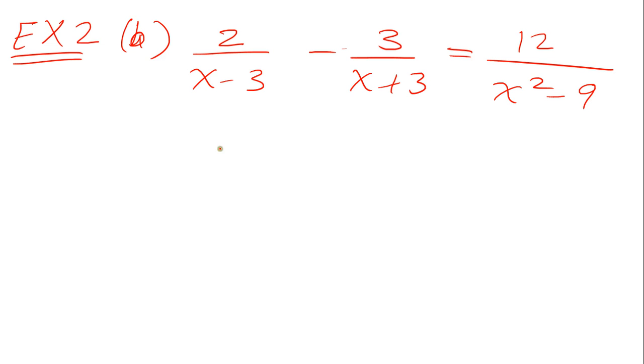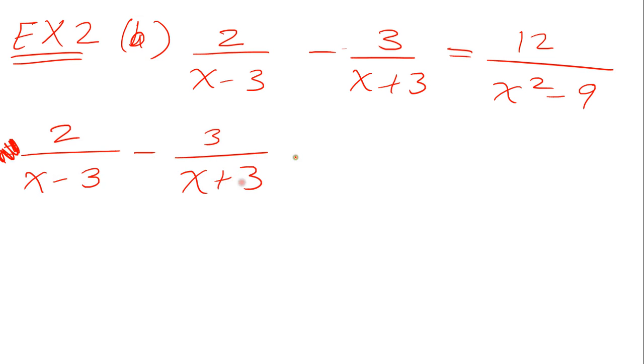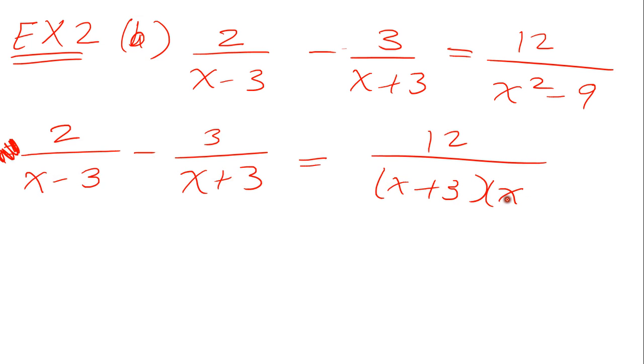Alright, so we can go ahead and rewrite this as a product, and if we do, we're going to end up with x plus 3 and x minus 3. So you can write this as 2 over x minus 3 minus 3 over x plus 3 equals 12 over x plus 3 times x minus 3.